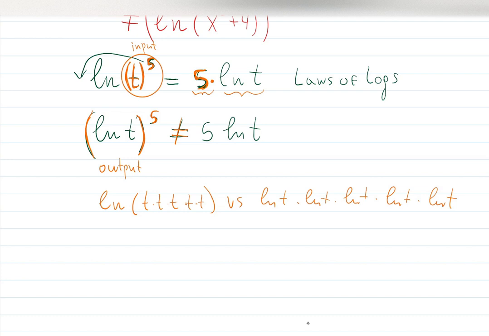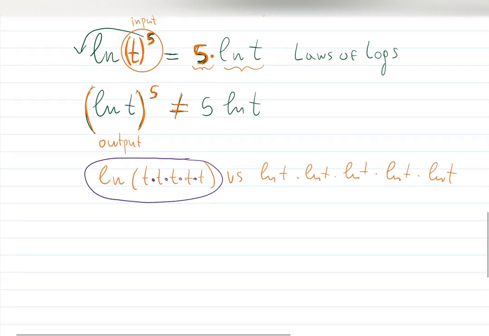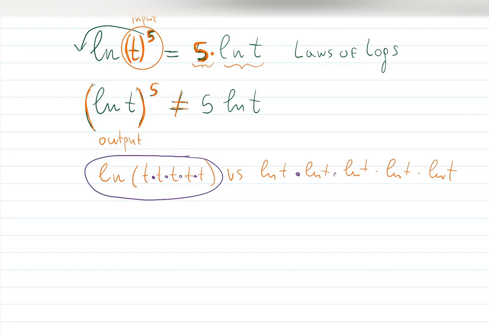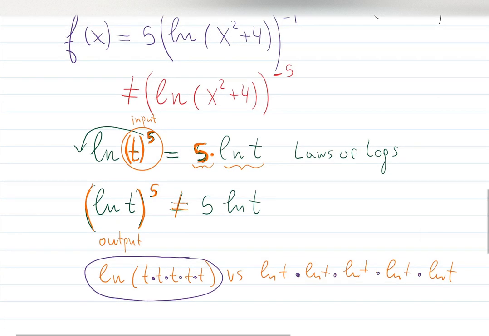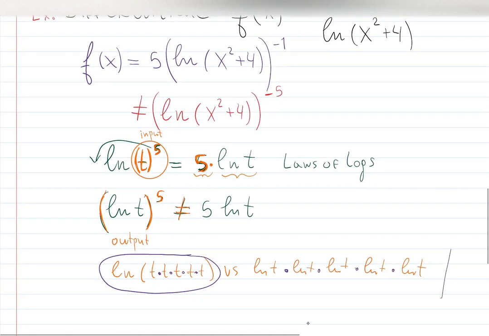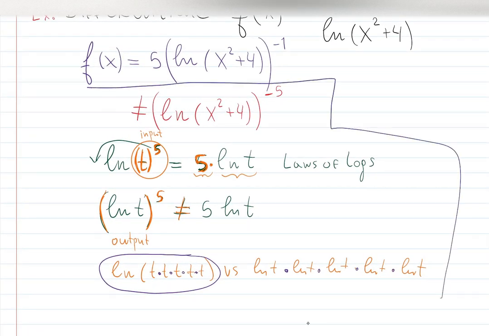That's not the same thing. So use laws of logs for this case. When you have a complicated situation with the input, then log helps you to simplify the situation. But you cannot do the same thing when you have many logs repeated, multiplied. So this is just a side note which will help you to avoid this mistake.